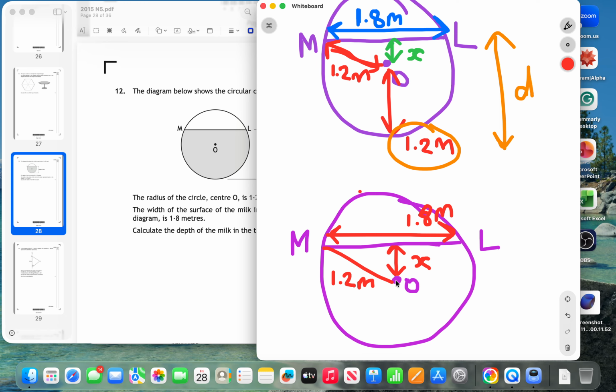The line going from O up to ML, marked by this X, is a purely vertical line. You can see then that because of the symmetry, the distance from this point to this point is going to be given by 0.9 meters.